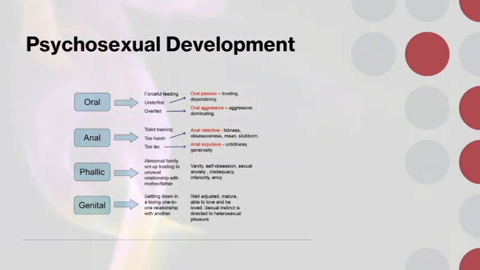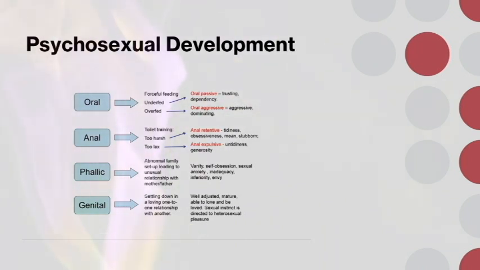Then we have the phallic stage, around ages 3 to 6, which is characterized by a focus on the genital region and the Oedipus or Electra complex. During this stage, boys experience the Oedipus complex, where they develop unconscious desires for their mothers and experience rivalry with their fathers.